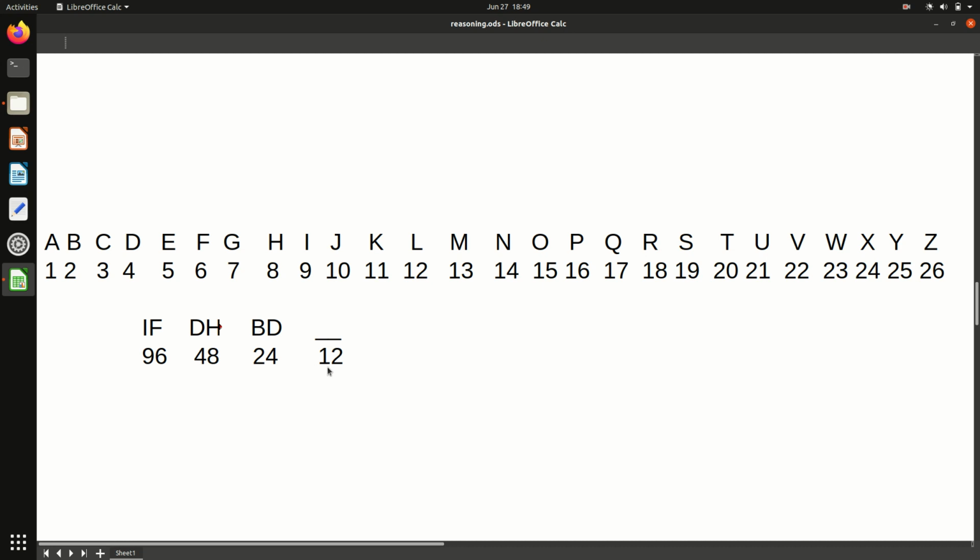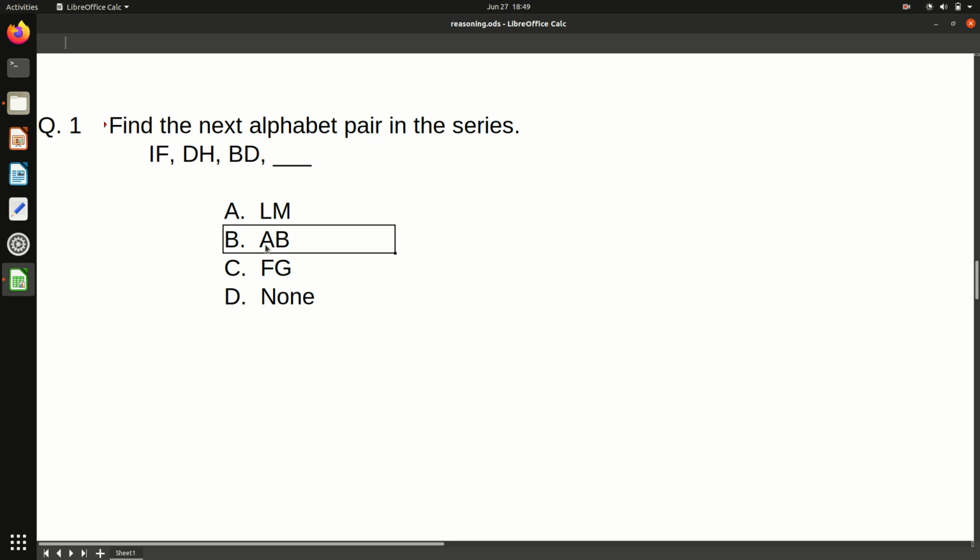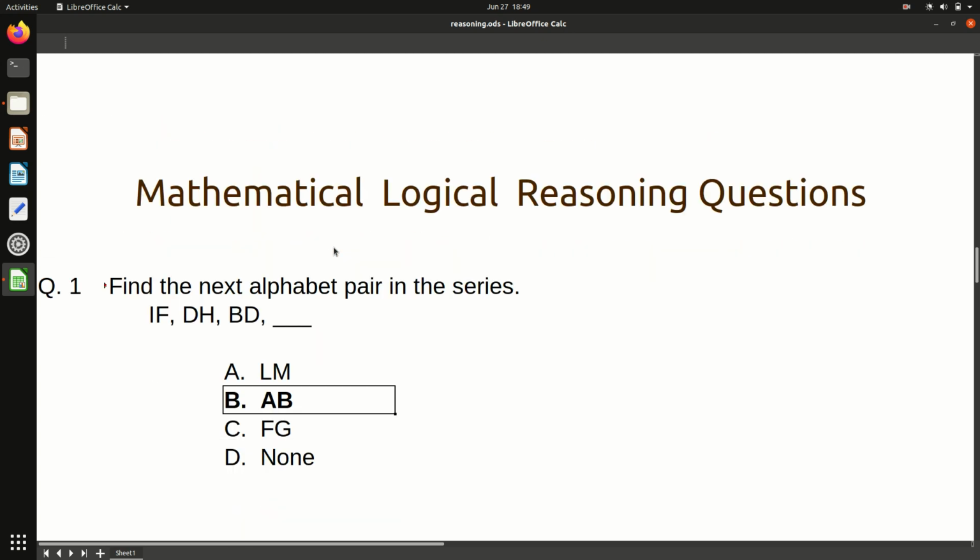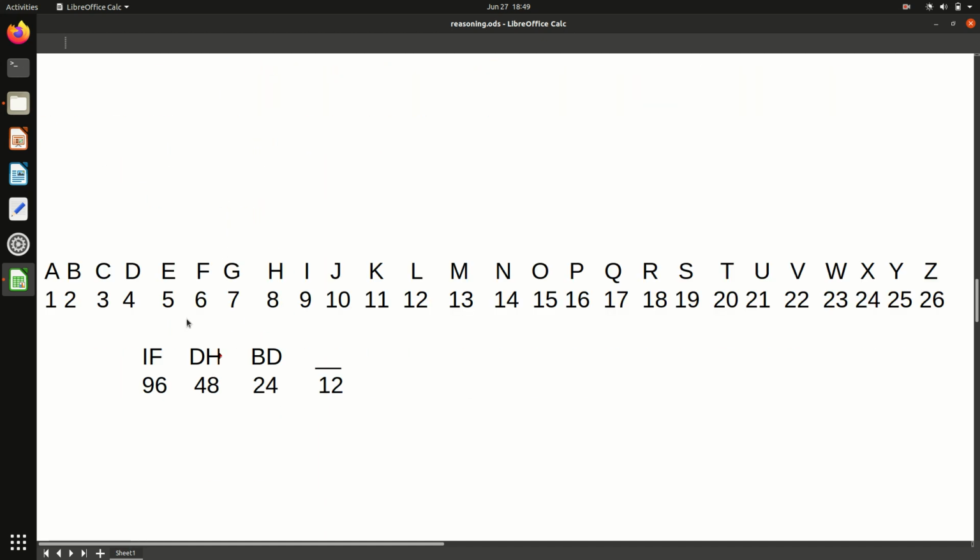And 12 means 1 for A and 2 for B. It means AB, so the option is this one. So option B will be our answer. And I think it is very simple. So see, always be clear: whenever you have this type of question, please be ready with this type of table.